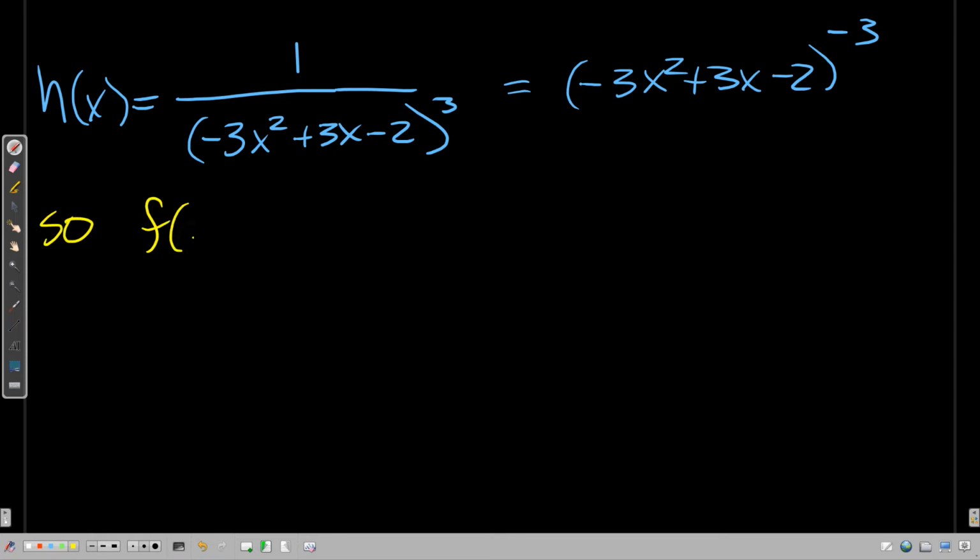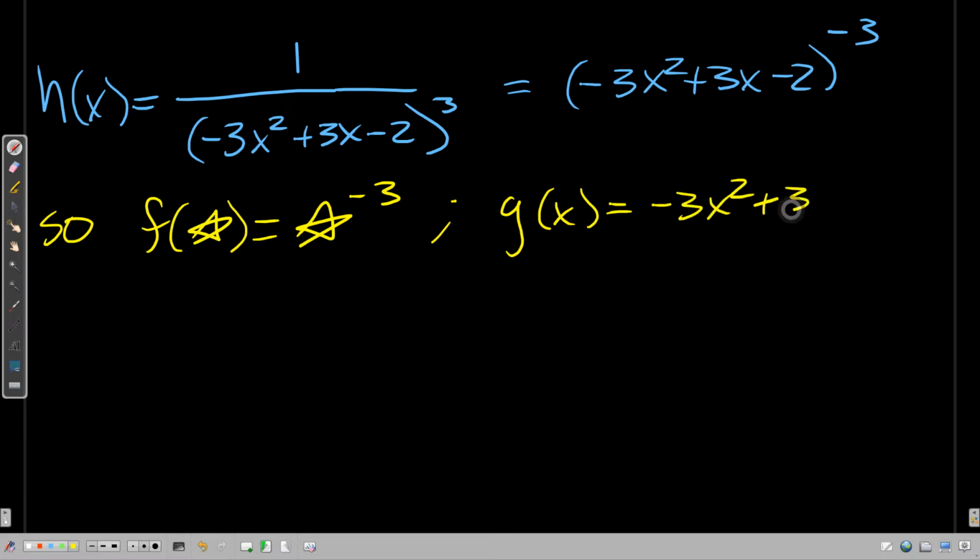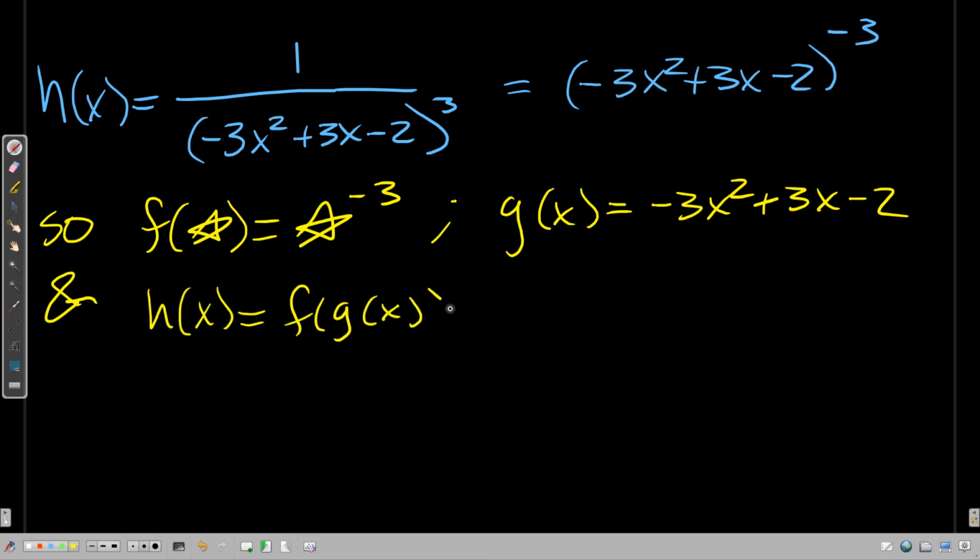So if f of star is just star to the minus 3, and g of x is minus 3x squared plus 3x minus 2, then what we have is that h of x is f of g of x.